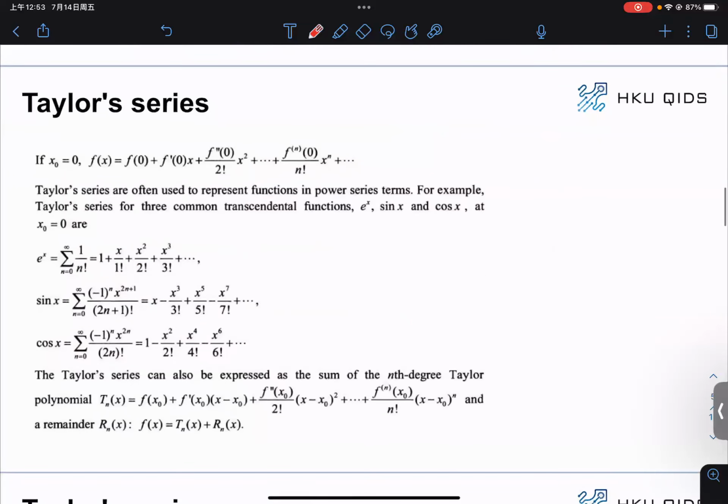And there are three most important things I hope you remember. The first one is e^x, okay? So e^x is also going to be like this, the sum from 0 to infinity.